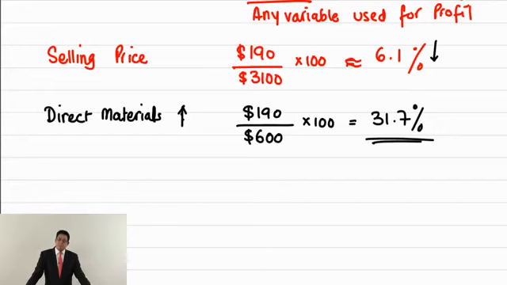And if the price of material increases by more than 31.7%, this product will not remain financially viable.